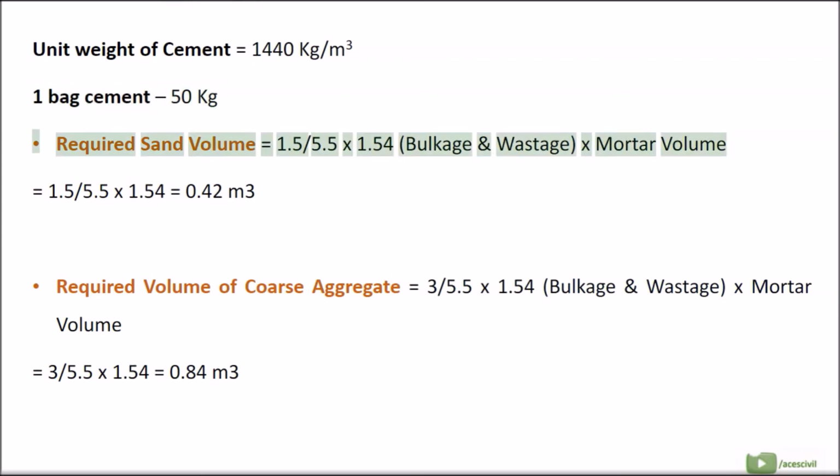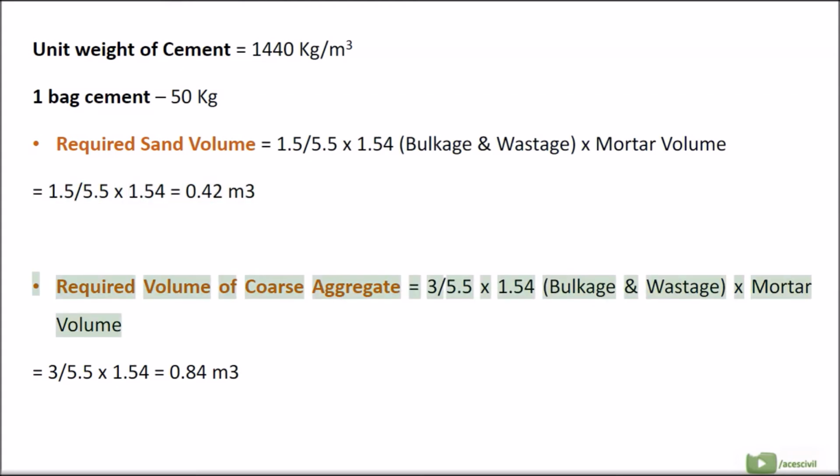Required sand volume equals 1.5/5.5 x 1.54 (bulkage and wastage) x mortar volume, equals 1.5/5.5 x 1.54 equals 0.42 m3.